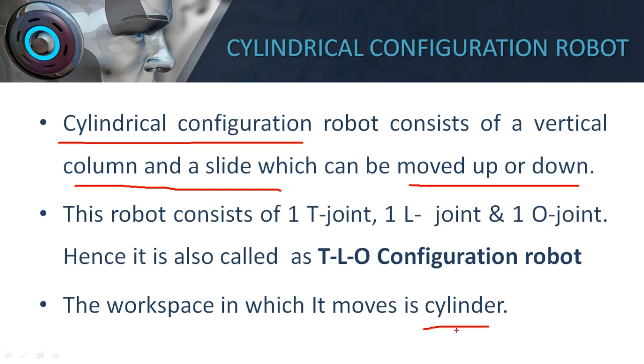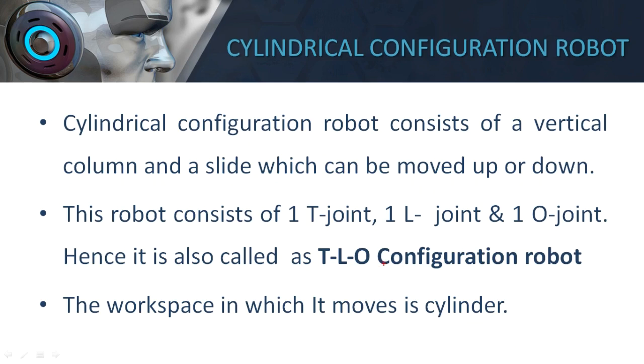And when you draw a circle of 10 centimeter to a height of 50 centimeter, that will be its work volume. So you can imagine a cylinder, and wherever the robot is fixed, from that point it can move around in the workspace of a cylinder. That is what it means.